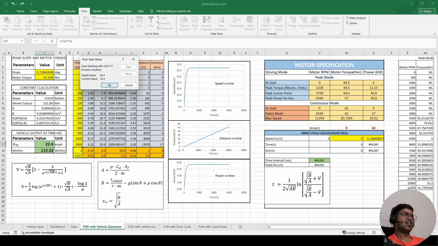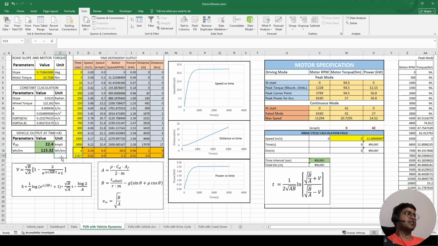Great. So let's say I am driving my vehicle at 22.4 kmph on a road with an inclination of 0.72 degree. Then I am going to consume the same amount of energy that I calculated in my driving cycle, which is 115.32 watt hour per kilometer at 0% regenerative.